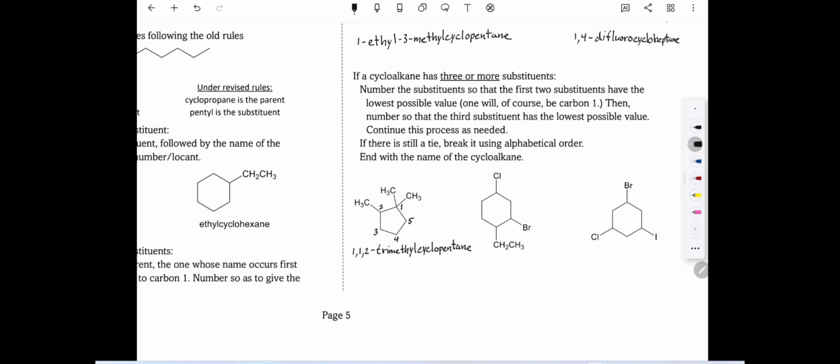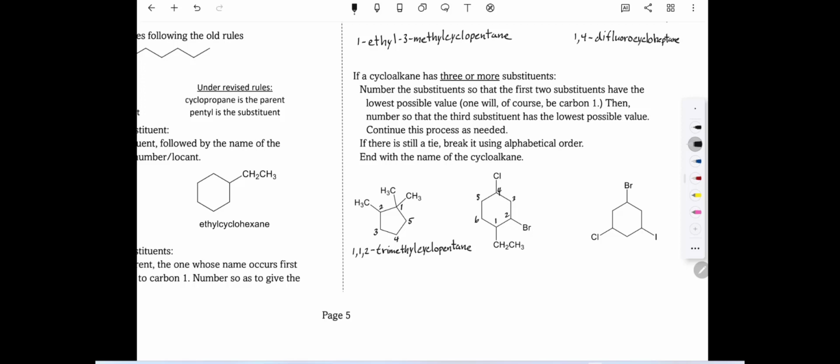Let's look at the next compound. So you'll notice at the bottom I have 2 substituents on adjacent carbons. So my choices will be to have this either as 1, 2, or have the bromine as number 1 and the ethyl as number 2. But as you'll see, we now want to get to the final substituent so that it has the lowest possible locant. And that would be going in the way that I've already started to number. 1, 2, 3, 4. And so there are 6 carbons here.